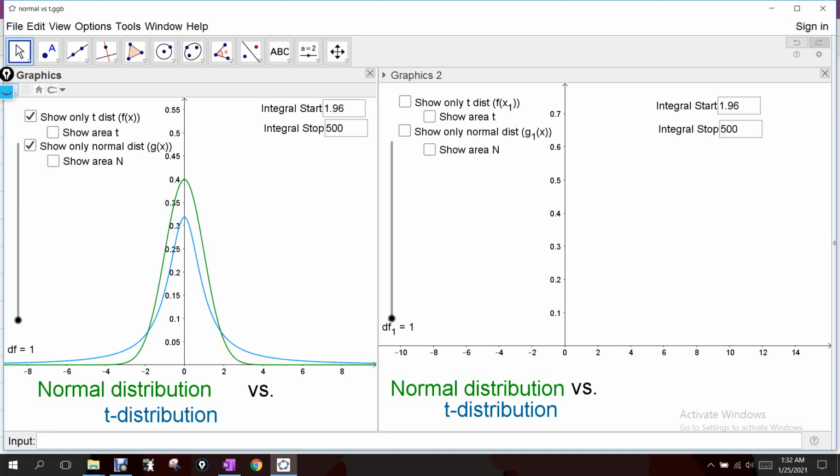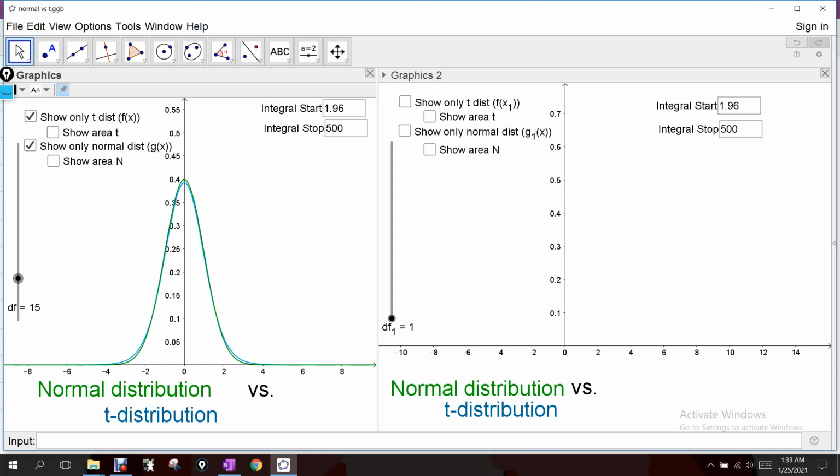But what happens as we increase the degrees of freedom, we start to see those tails get a little bit less fat, and we see the peak of this distribution start to approximate the same height as the normal.